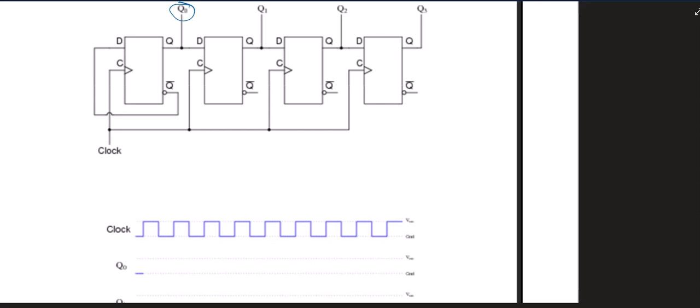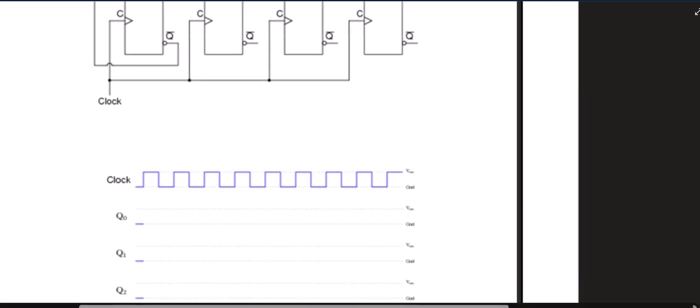And it's going to be the easiest one because it only depends on Q bar from the time before. So it started at 0, which meant that Q bar was 1. Let me do my positive edges.